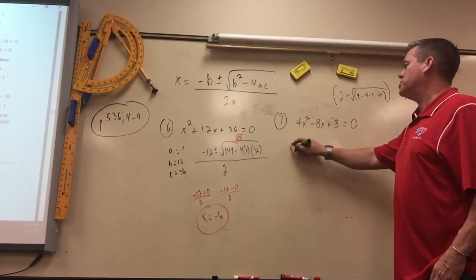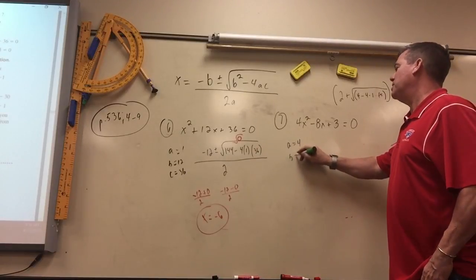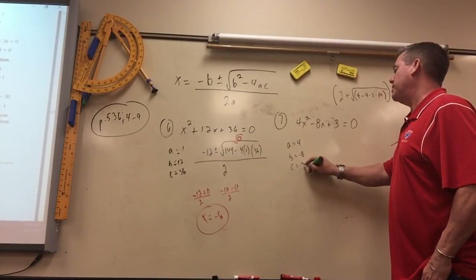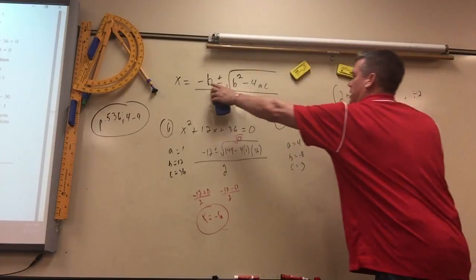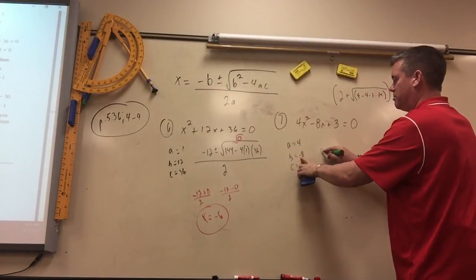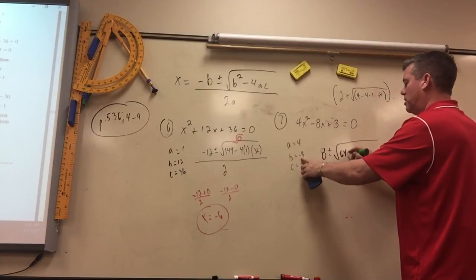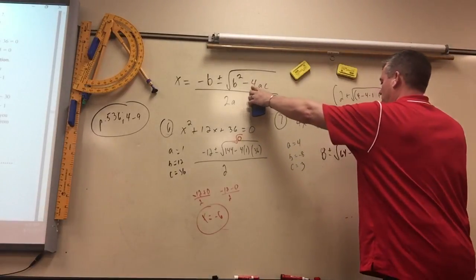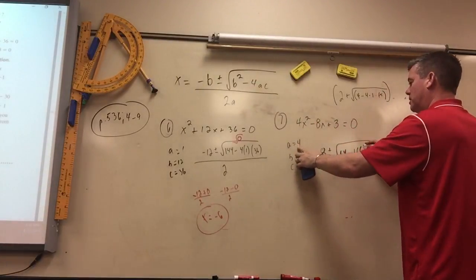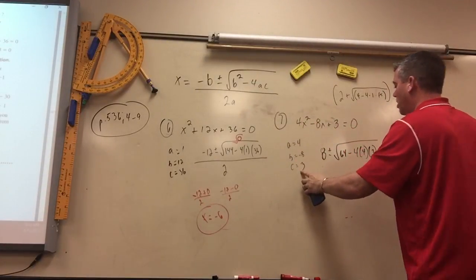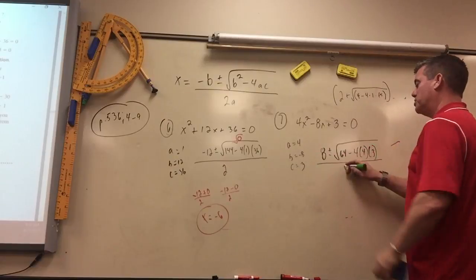Okay, so for 7, A is 4, B is negative 8, C is 3. So negative b turns to positive 8, plus or minus the square root of b squared, 64, minus 4 times a times c, all over 2 times a, which is 8.